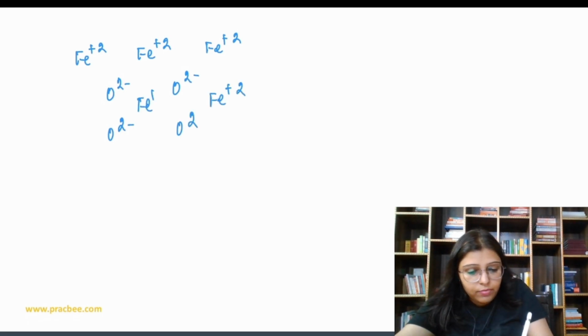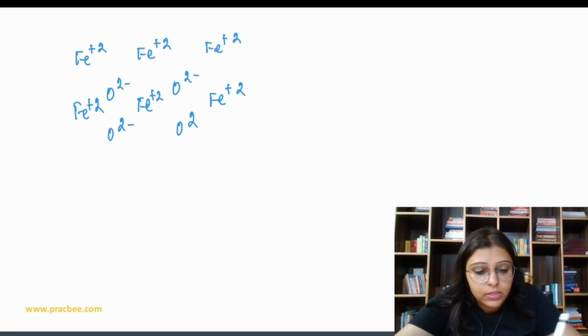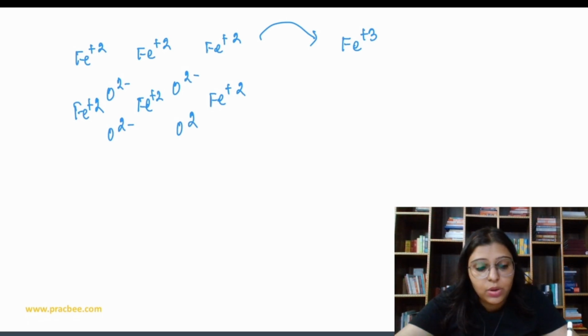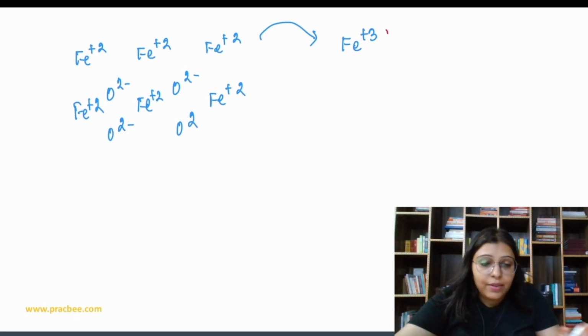I am saying that some part of Fe2+ is converted to Fe3+, or some moles of Fe2+ is converted to Fe3+. Now what to do in this? Now we have to maintain the positive and negative charge because the compound is going to be neutral.